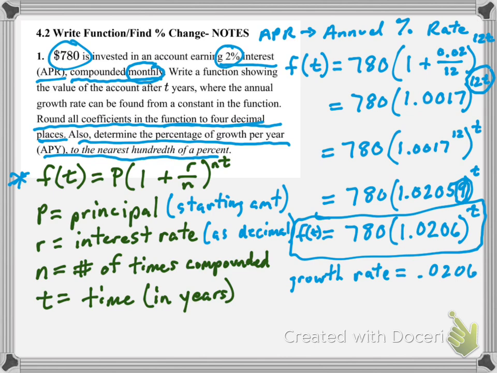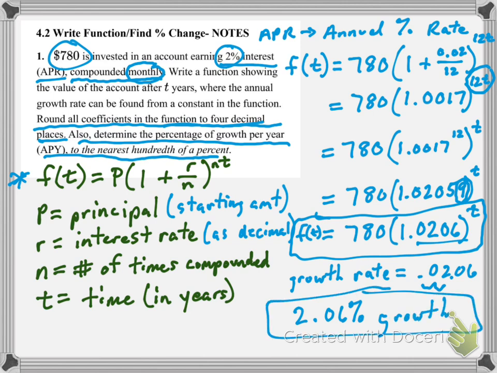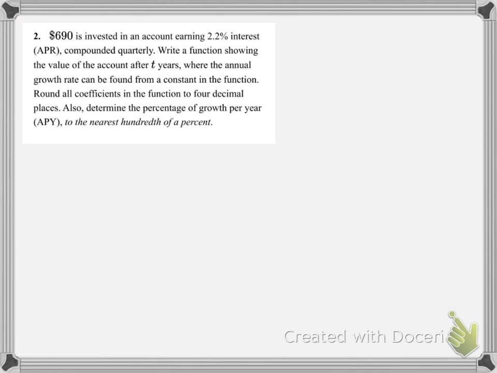So the growth rate is 0.0206, just whatever came after the 1. Well, the percent, you move it 2 to the right, so 2.06% growth. Okay? So it's not that bad. It's just kind of plugging in numbers and then you kind of manipulate a little bit. It's not that bad. Okay.